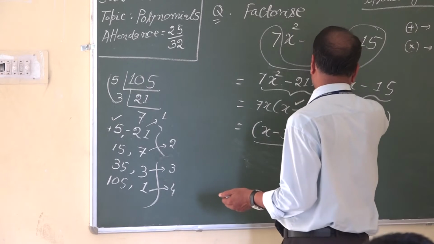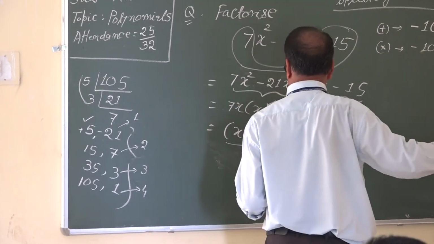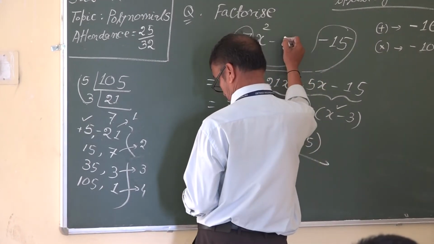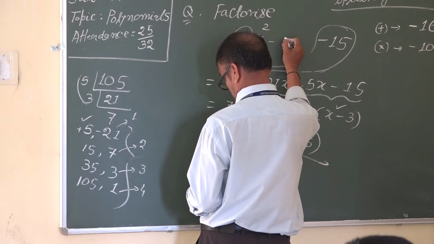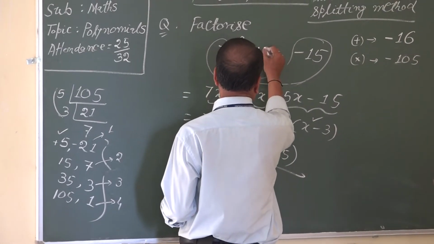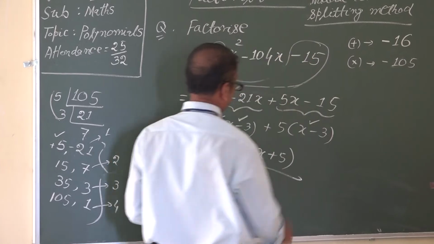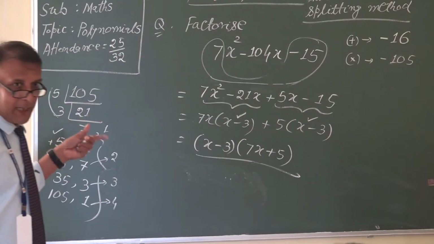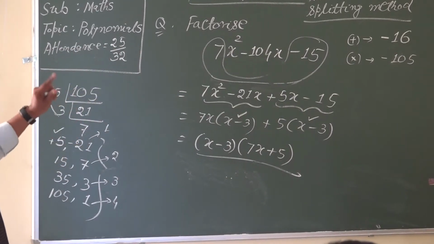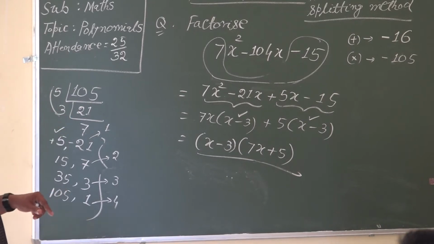Acha, I'm just simply changing one thing here. Here I am giving minus 104x. Same thing, but simply middle term I change. 7x square minus 104x minus 15.